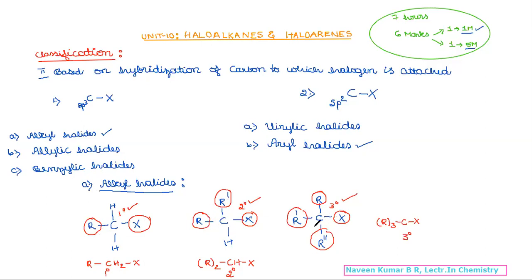A carbon surrounded by all single bonds, that is sigma bonds, with three R groups attached to it, or no hydrogens surrounding it, then it is called tertiary. So the halogen attached carbon is very significant in this case, as it is surrounded by all single bonds. So it is classified as an sp3 hybridized carbon.